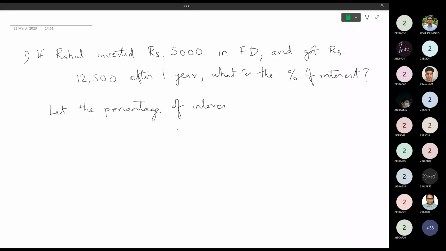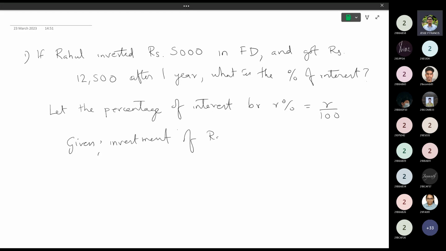Let the percentage of interest be R percentage, which is equal to R by 100. Now, given an investment of rupees 5,000 for 1 year gives rupees 12,500 at R percentage.